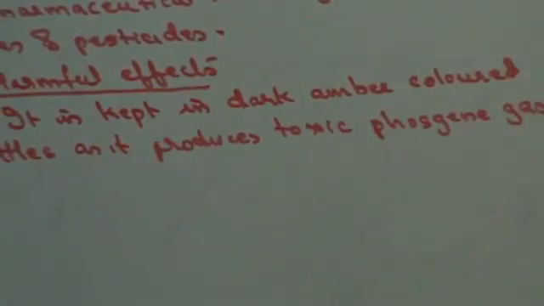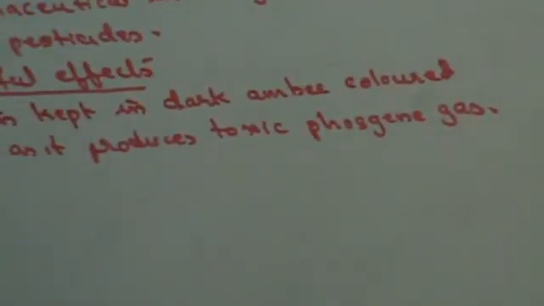What is phosgene gas? It causes a disease called phosigor. This particular gas is used in chemical warfare. Once you have phosigor, your bones of the jaw will not move. You will neither be able to open your jaw nor close your jaw. So it produces this toxic phosgene gas.